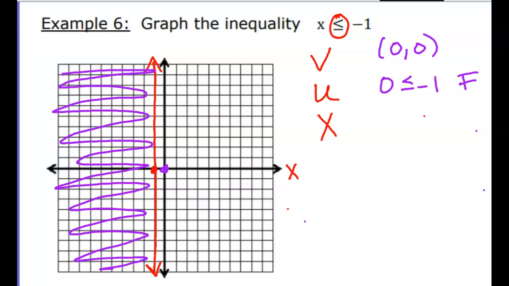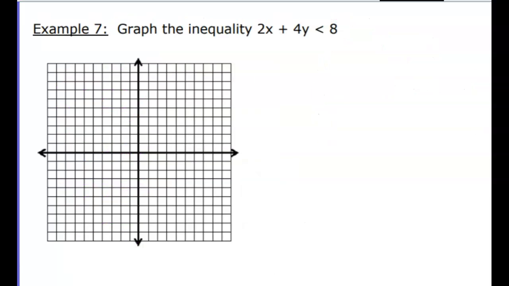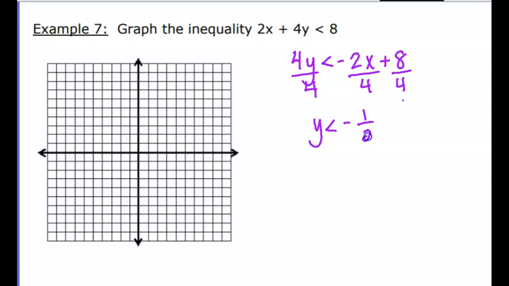Okay? And then our last example, number 7, we're going to start by putting it into slope-intercept form. 4y is less than -2x plus 8. We're going to divide by 4. y is going to be less than -1/2 x plus 2. Our slope is -1/2. Our y-intercept is 2.